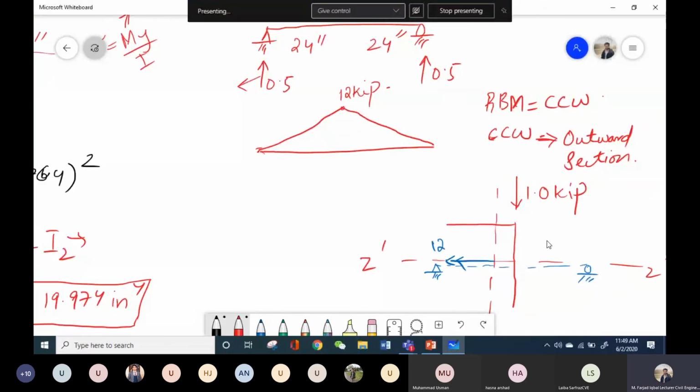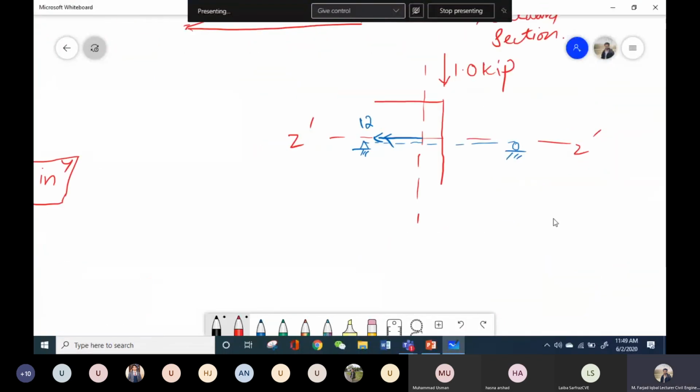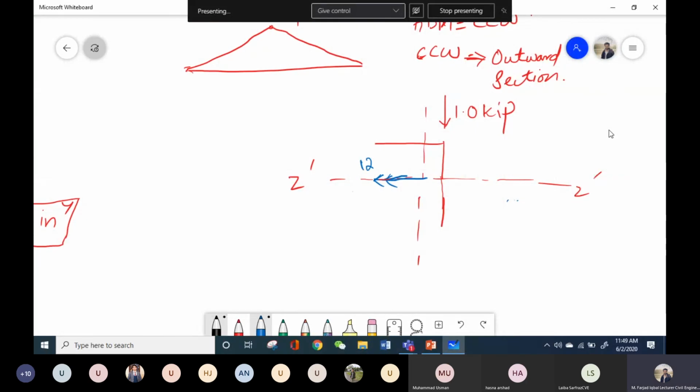So now this is my direction of bending moment. Now if I again plot, we can erase that. So this is the bending moment, and we have to show it by double arrows to differentiate between the loads and moment.